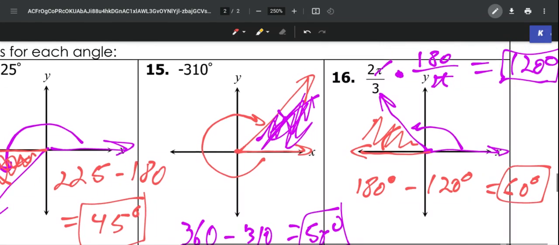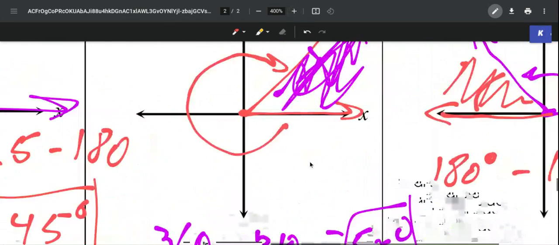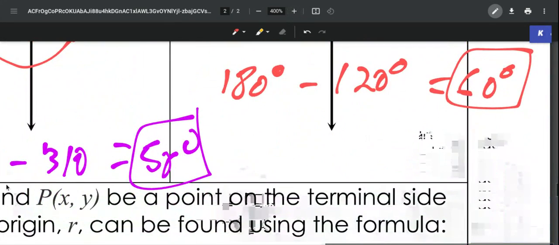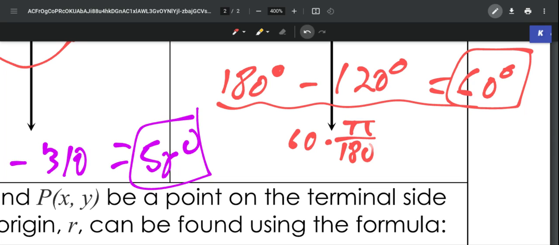Now, if we wanted our answer in radians, all we would have to do is take 60 degrees and convert it into radians. So that would look like this: 60 times pi over 180, which is going to give us 60 pi over 180.